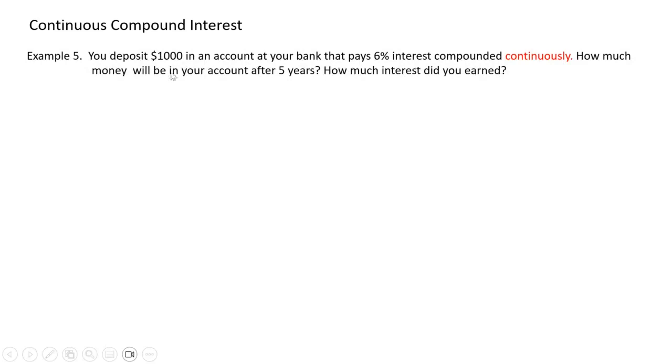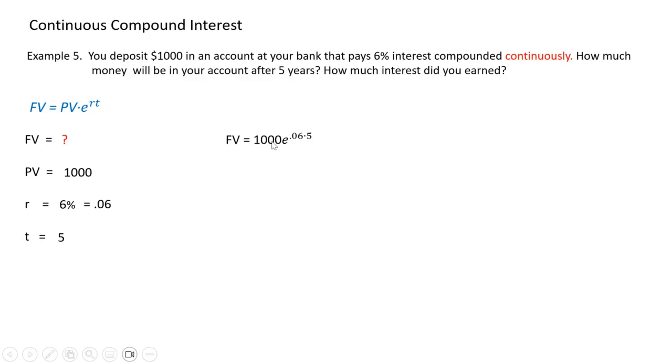Okay, so let's do another example. Continuous compounding. All right, so this is now continuous. Remember, continuous is a different formula. Let's do the very same problem, but instead of being compounded quarterly, it's continuous. There's my formula. So we're still looking for the same thing, right? We're looking for the future value. The present value was the 1,000. The interest rate was 6%, 0.06, and the time is 5.